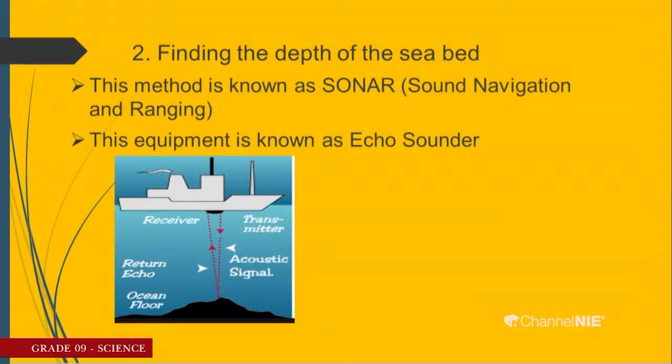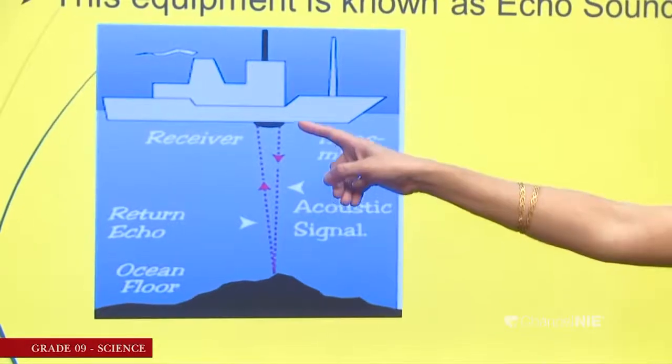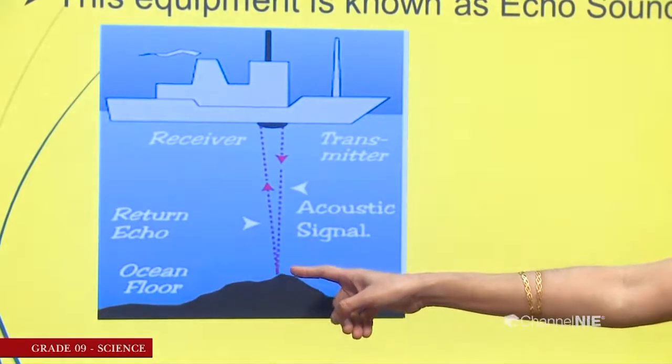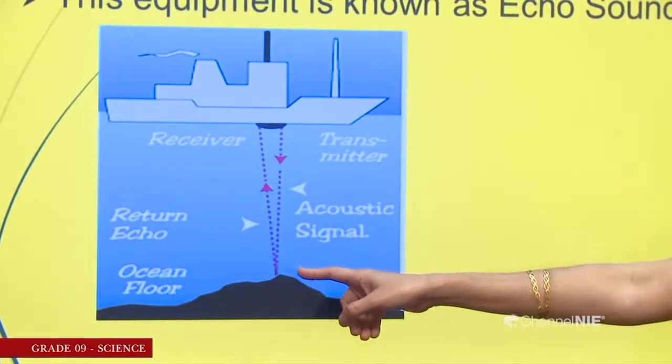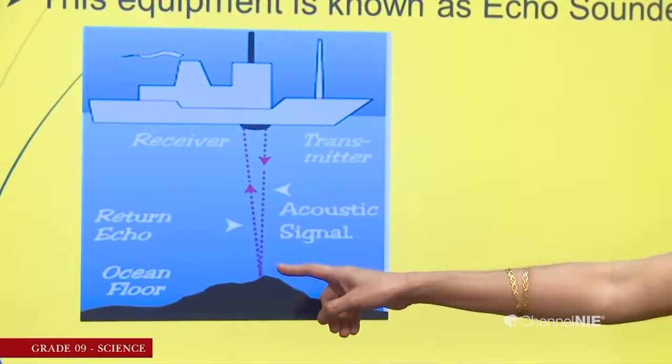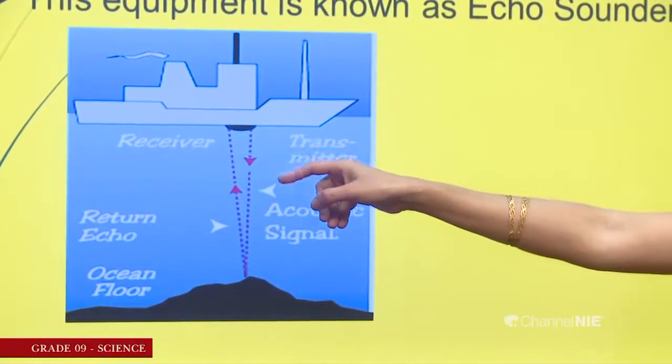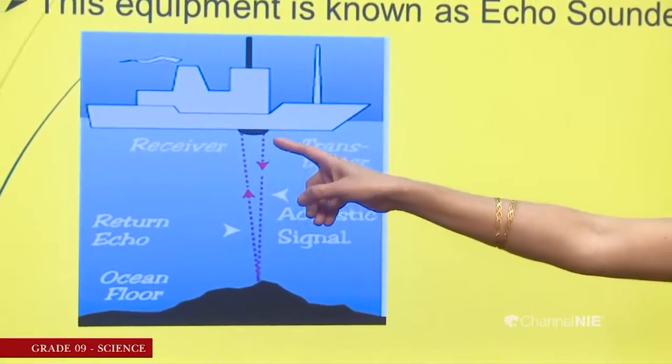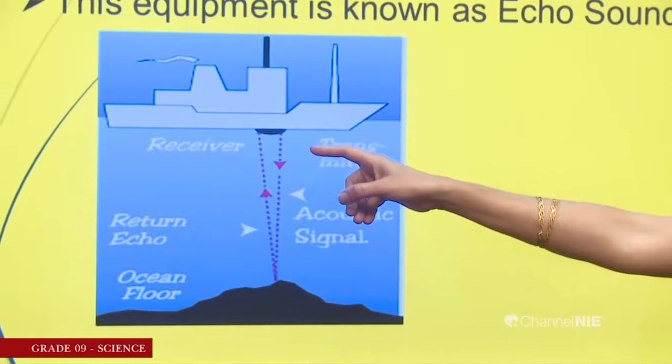This diagram shows a ship travelling in the sea. The echo sounder is fixed at the bottom of the ship like this. Ultrasound waves are emitted from the echo sounder. They pass through sea water and once they hit the seabed, they are reflected back. The reflected ray is also received by the echo sounder.